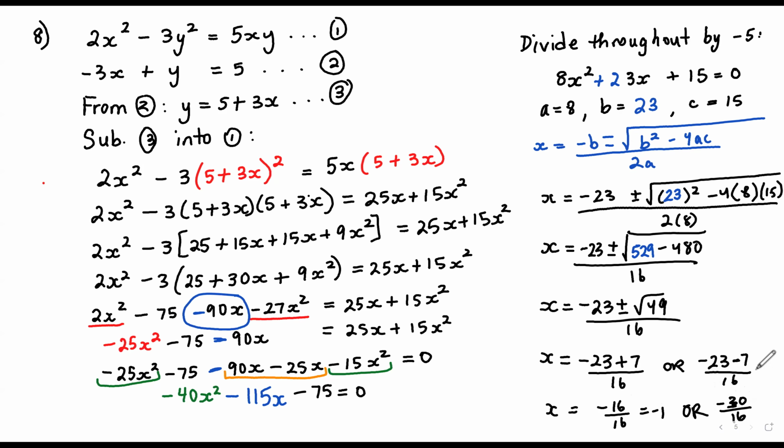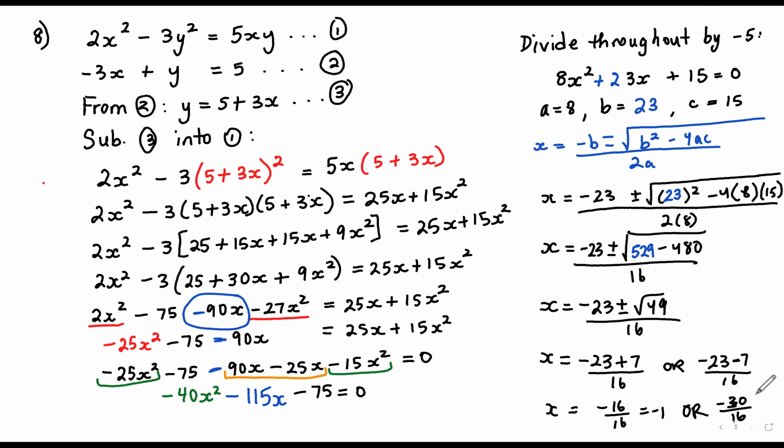Wow, what a long question. We didn't even finish as yet. And 30 over 16 can reduce to negative 15 over 8. Yeah, negative 15 over 8.